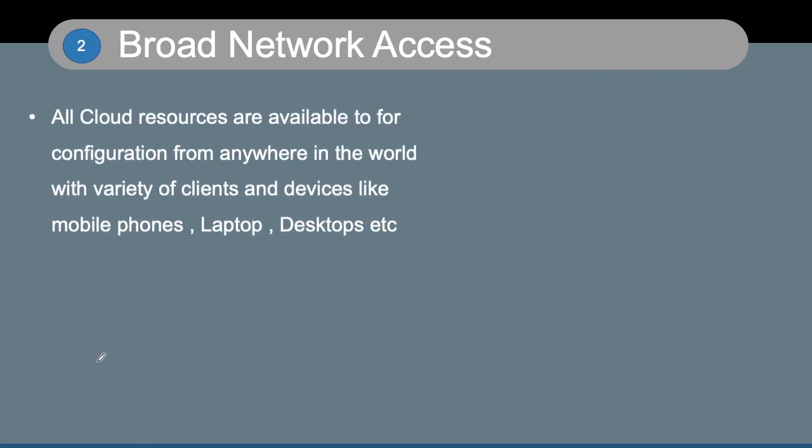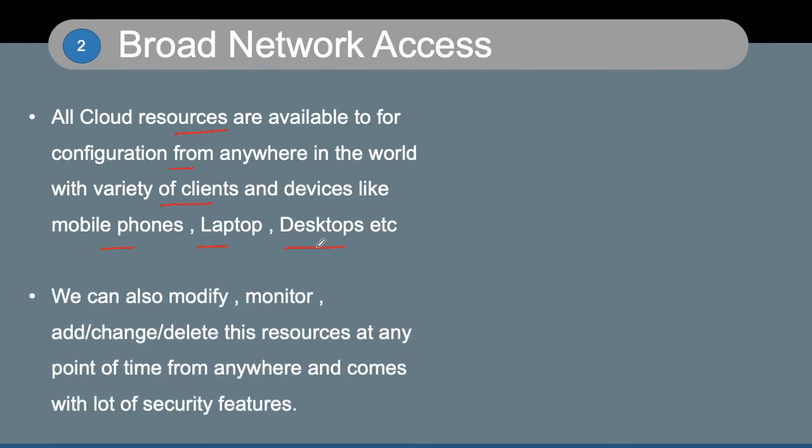Now, broad network access, the second characteristic of cloud computing. All cloud resources are available for configuration from anywhere in the world with a variety of clients and devices like mobile phones, laptops and desktops.